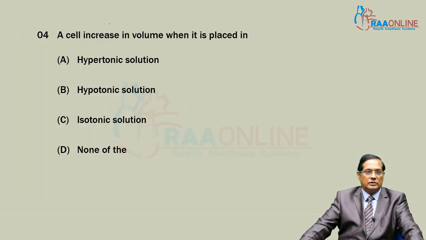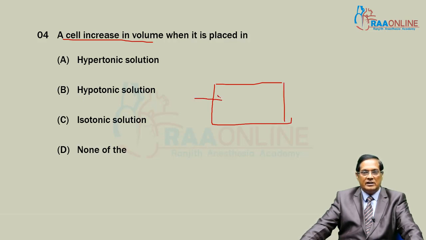Question number 4. Cell increases its volume. This is the cell, and its volume increases, that means definitely there is entry of a solvent in it. And this is possible when it is kept in hypotonic solution.